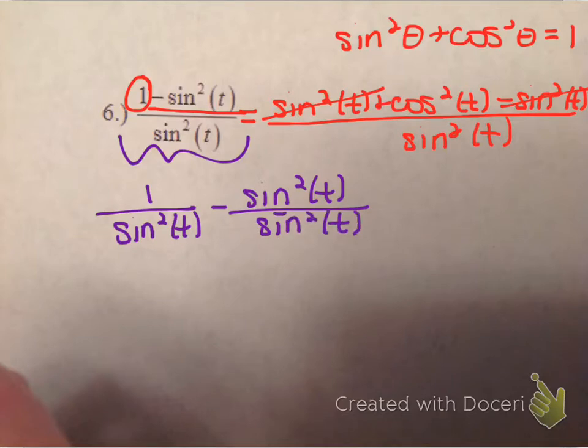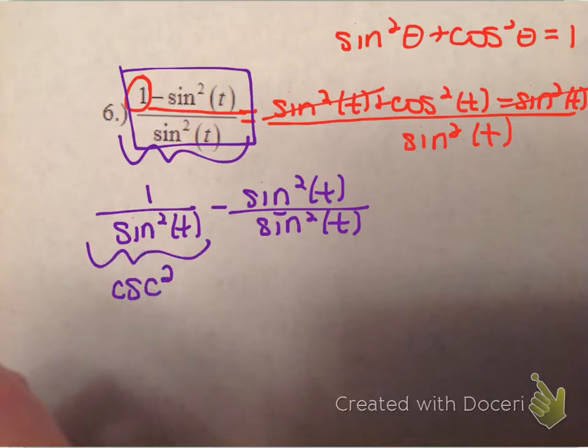Because those two fractions right there that I've just written, they would have been able to subtract because they have a common denominator, and what they would have generated would have been this fraction that we started with. And then the reason that you might want to do that is that 1 minus sine squared is cosecant squared of t, and sine squared over sine squared is 1. Okay, but once again, that requires that you remember your other Pythagorean identities.